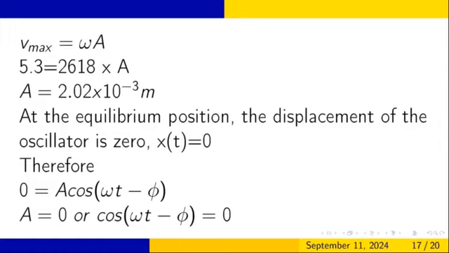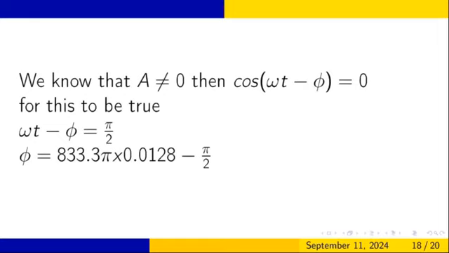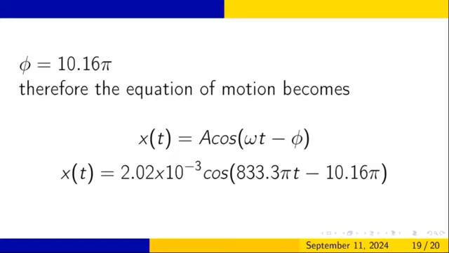And this is significant because it tells us that the cosine function is able to model a simple harmonic motion, which is an oscillatory motion. So the cosine function is a good mathematical model for such a trajectory.